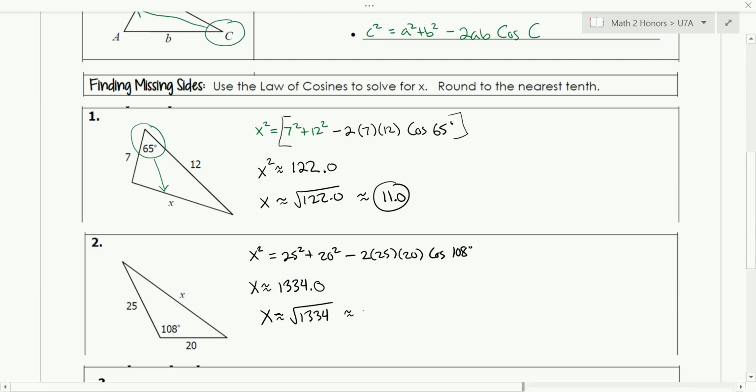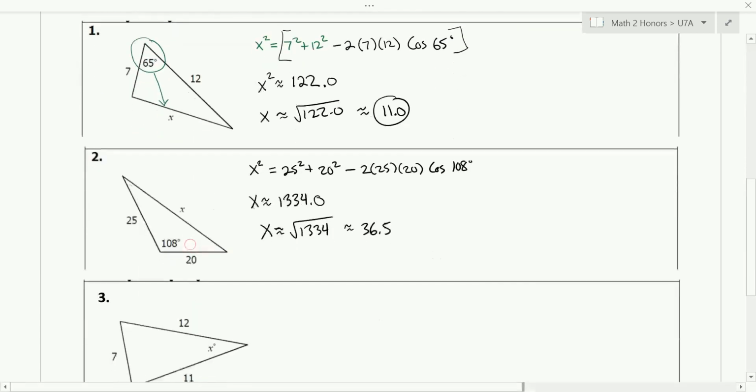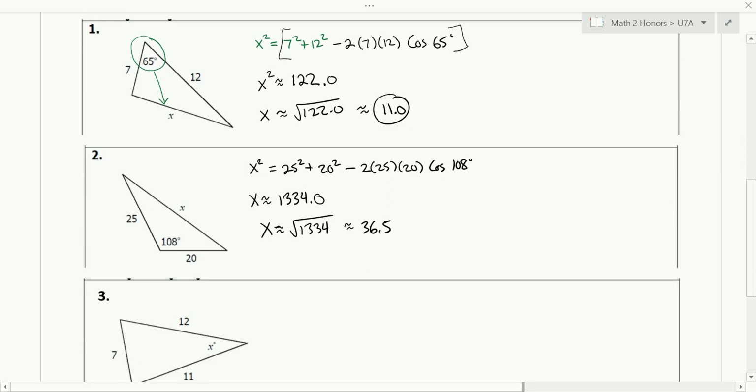That's what I'm getting too, 36.5. All right. So, yeah, calculator issues, I'll help you out with that. No problem. If you had a calculator issue, I'm going to help you out, but let me introduce number 3.